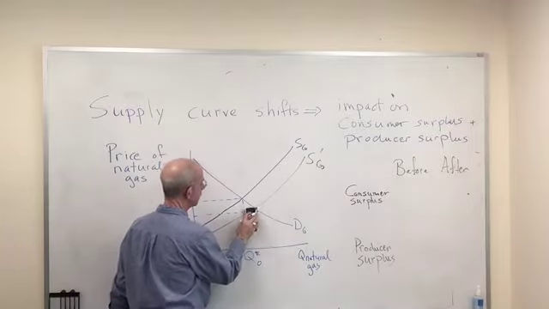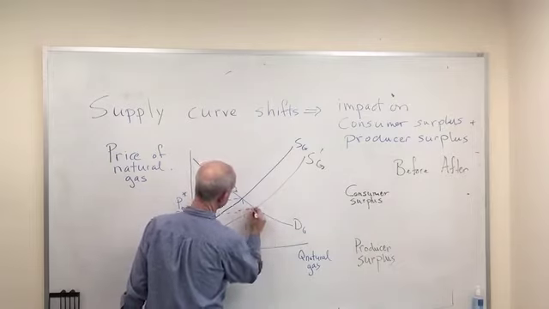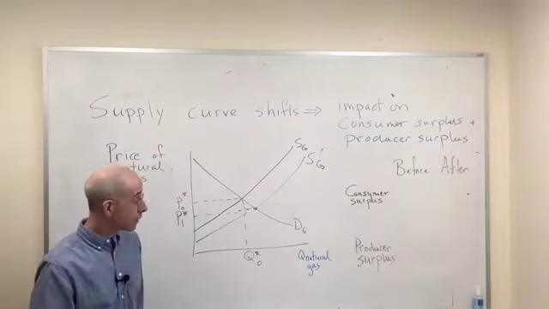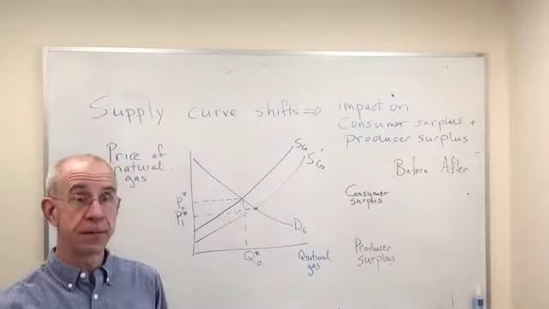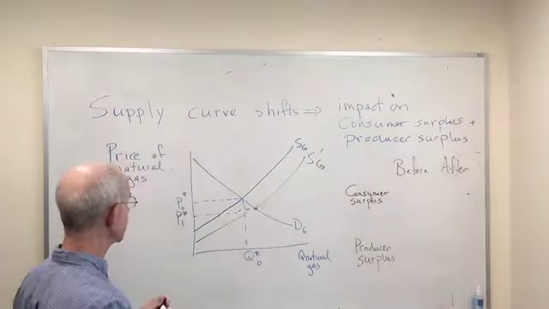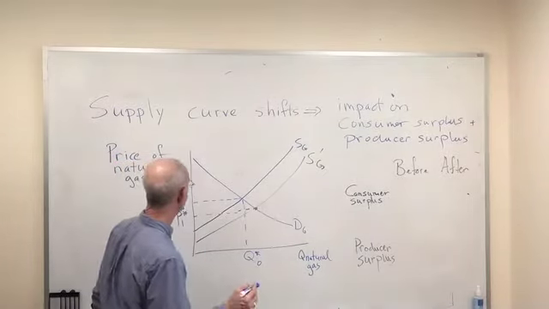Let me draw that a little bit more carefully. And that's going to benefit consumers of this product for sure. Now, how do we measure that? Well, we use consumer surplus.